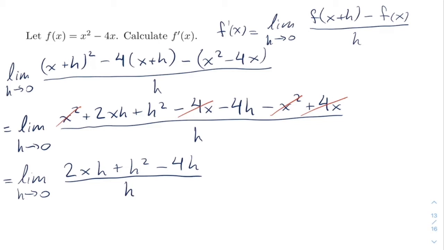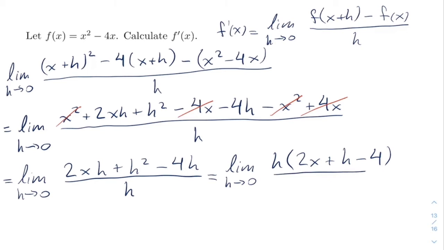And now to solve this limit, we can factor out h and simplify it with the h in the denominator, because remember, when we consider h approaching 0, we don't actually take h equal to 0. So let's write that down. This will be equal to the limit of what? We will factor out h because every term in the numerator has an h, and that divided by h. So again, we can cancel this.